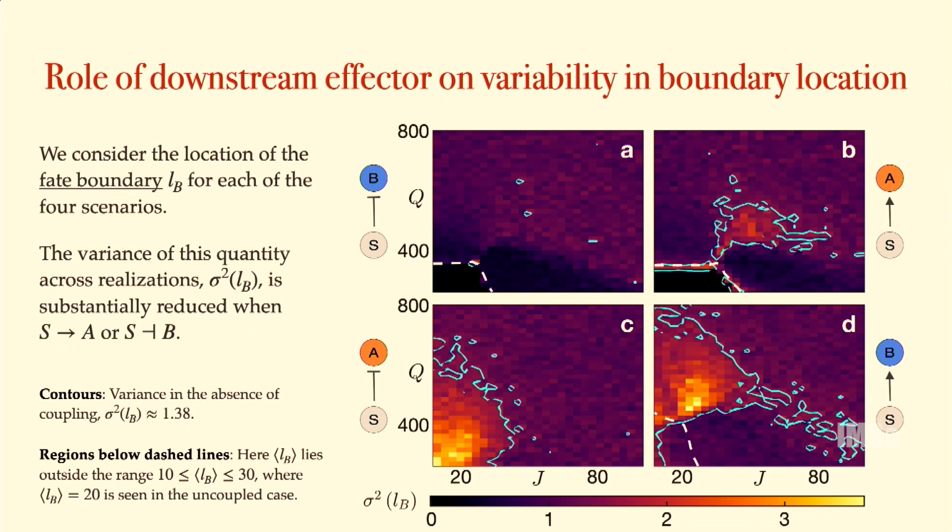For the case that I've been showing you, it's quite clear: you have a very persistent boundary whose position is not changing. The next best case is when S is inhibiting A, which is again not surprising because B is inhibiting A. So when S inhibits B, it's sort of indirectly activating A. So it's not surprising why these are the two best cases.